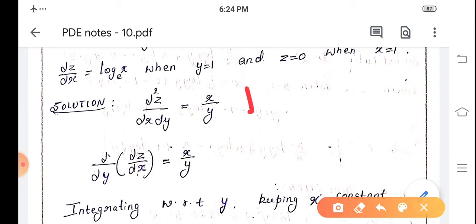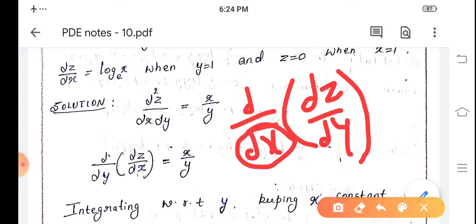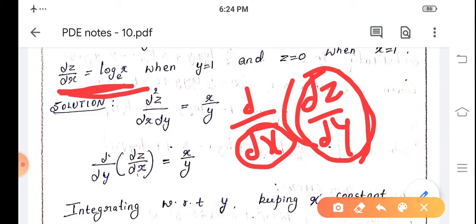We can write it as ∂/∂x of ∂z/∂y. But if we take it like this, in the first step we are integrating with respect to x. When we integrate with respect to x, we can find ∂z/∂y. But in the given problem, we have the condition for ∂z/∂x = log x. So we cannot use this condition here.